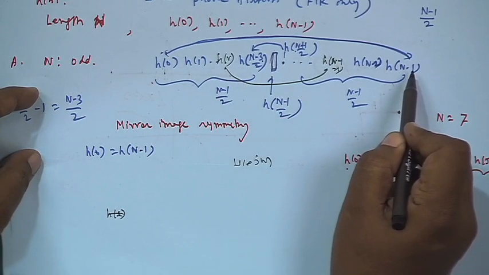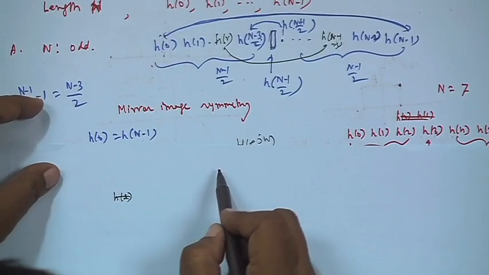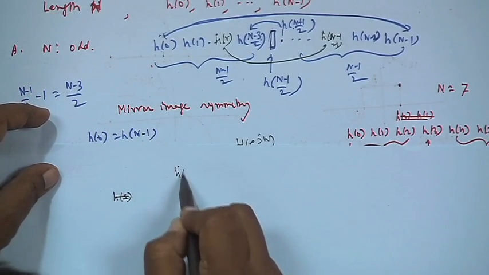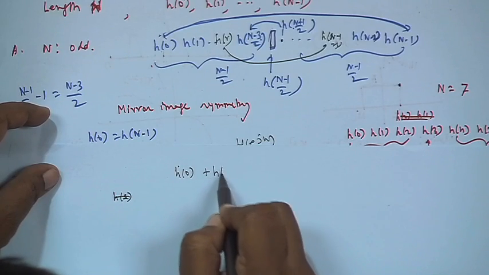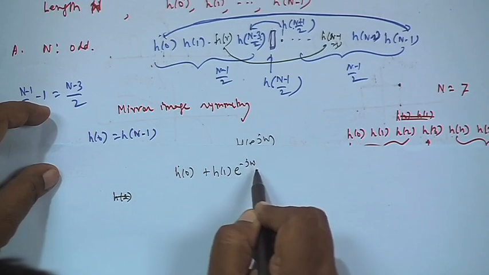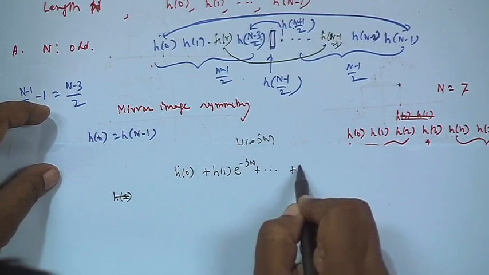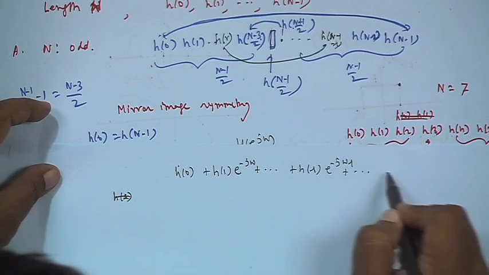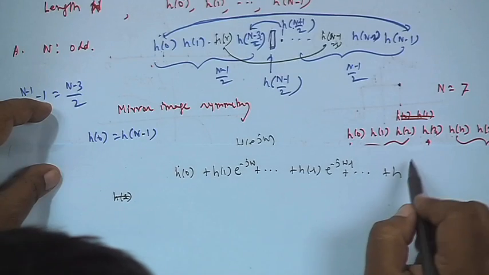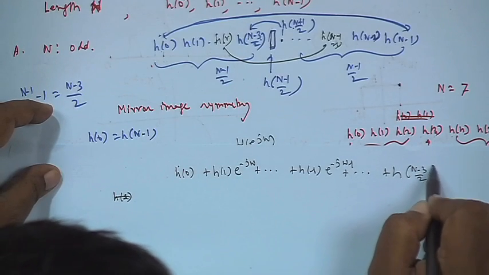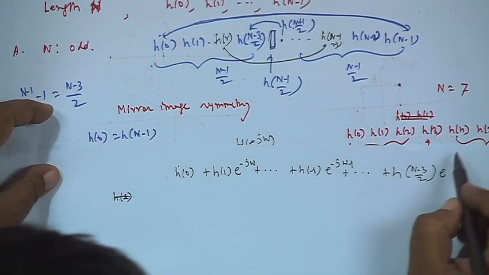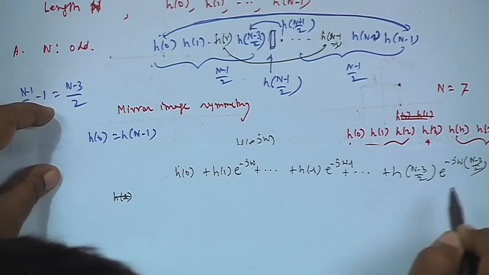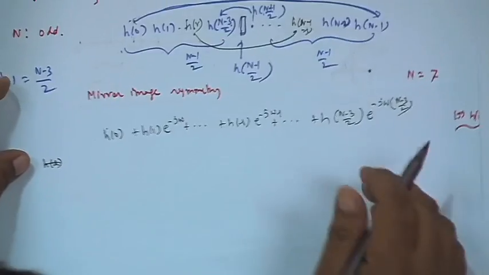So, in this total DTFT summation, you have h0 plus h1 e^{-jω} dot dot dot h_r e^{-jωr} plus dot dot dot plus h this term, e^{-jω (n-3)/2} up to this.